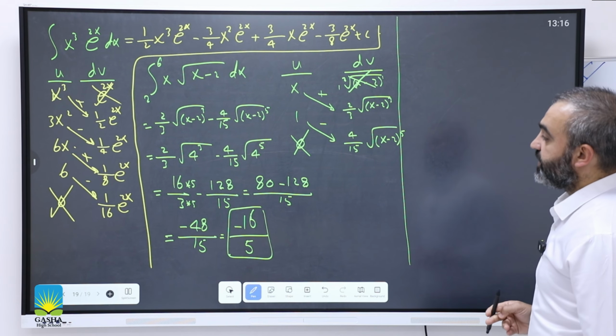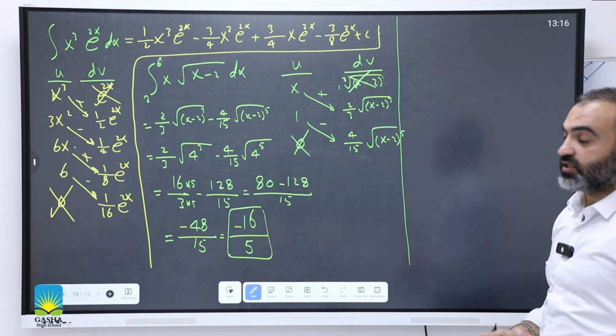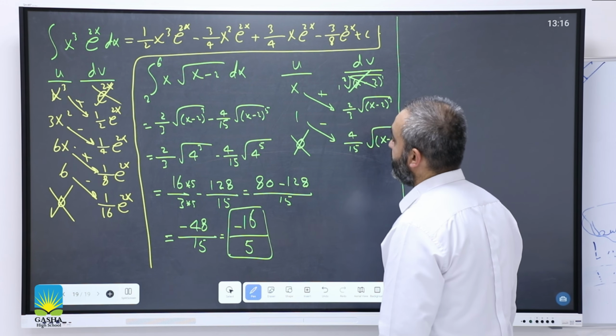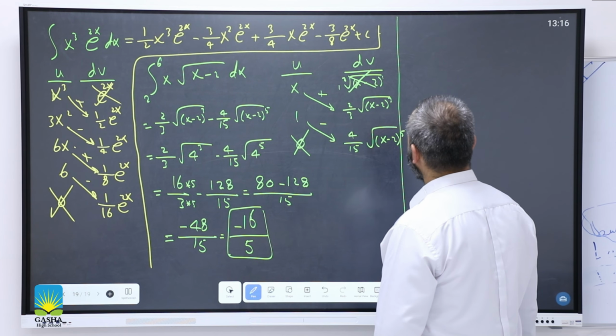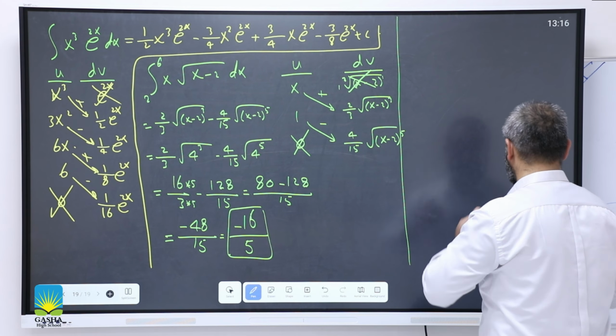So these are the methods. This method I explained for you about the integration by parts, and what is the antiderivative about the integration by parts?